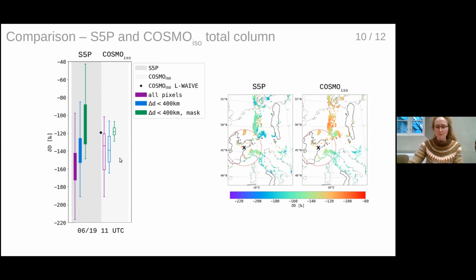If we make this red circle smaller, for example 100 kilometers, we see that the distributions get narrower, but we don't really improve how close we are to our true value. And we also see that, for example, for the spectral retrievals, we are now further off than we were with the green distribution.